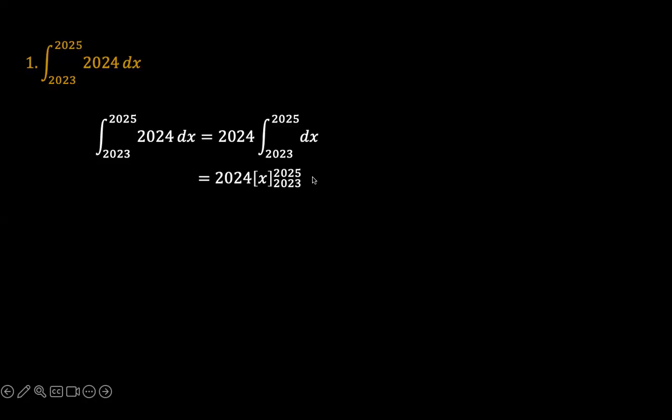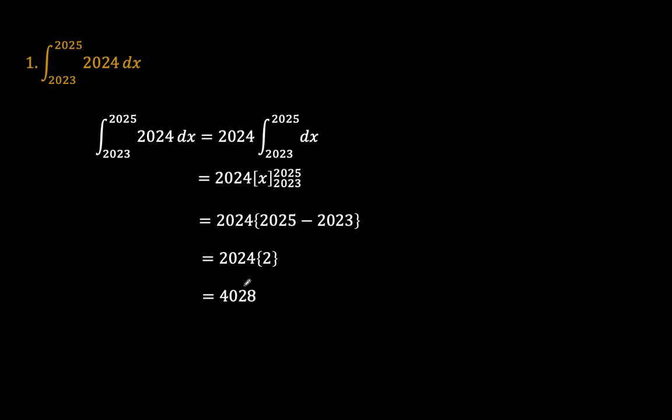The difference between 2025 and 2023 is 2, and 2 multiplied by 2024 is 4,048. We apologize for that mistake. So 4,048. Okay, so that's the first answer.